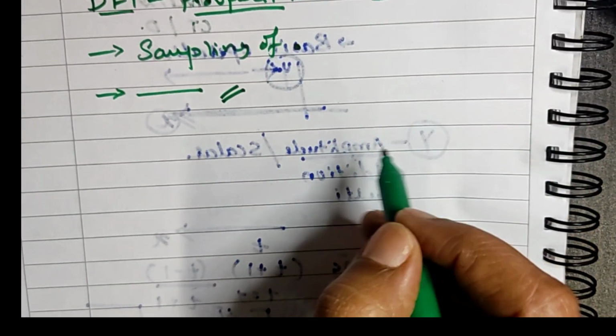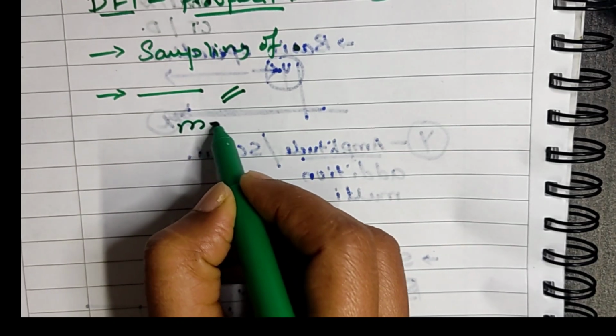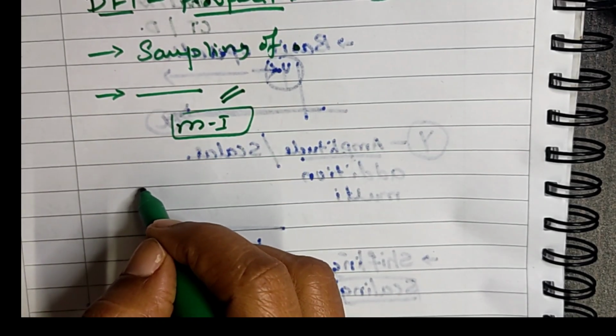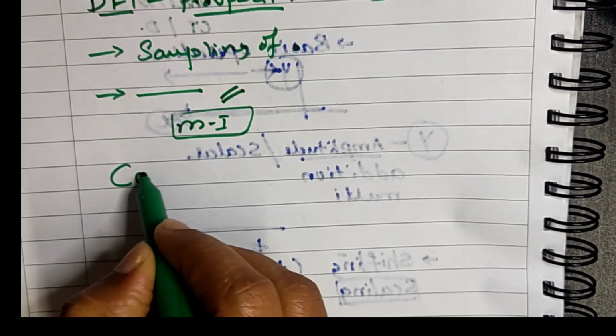Okay, so meanwhile, in the second part of module 1, we have the time domain representation of LTI systems, which mainly includes convolution.